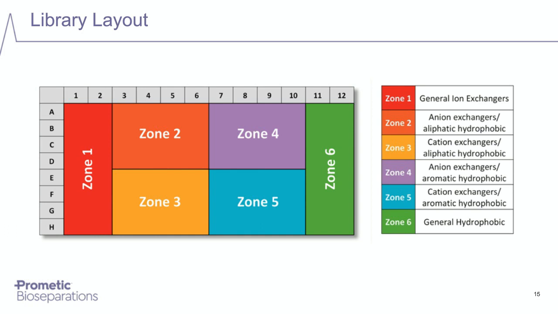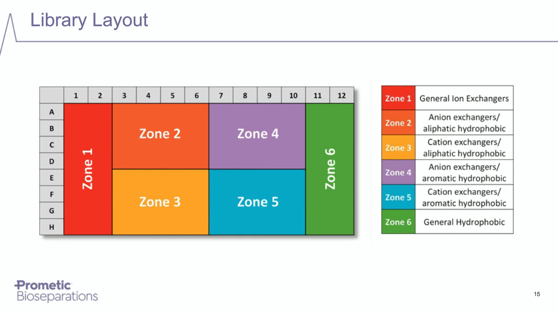So in zone 1, we have ligands that are predominantly ion exchange in nature. In zone 6, we have ligands that are predominantly hydrophobic in nature.